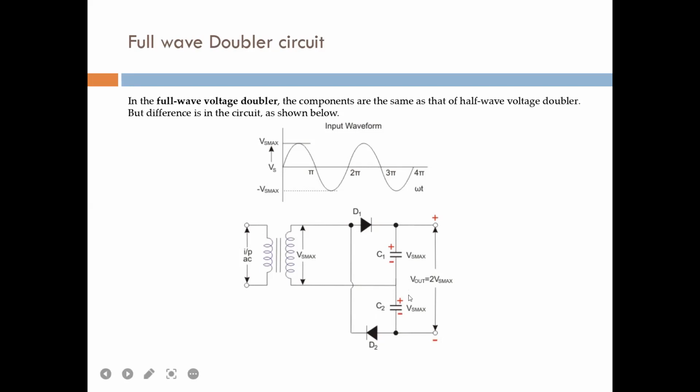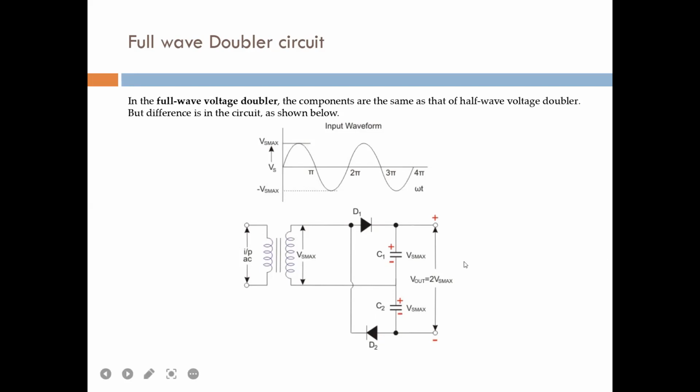See here, Vs maximum. What is the output? 2 Vs maximum. This is a very simple construction and very simple theory, nothing more. Firstly, in the positive cycle, D1 is in the conducting state, so C1 is fully charged, but D2 is in reverse bias. In the negative cycle, D2 is forward bias, so C2 is fully charged to Vs maximum.